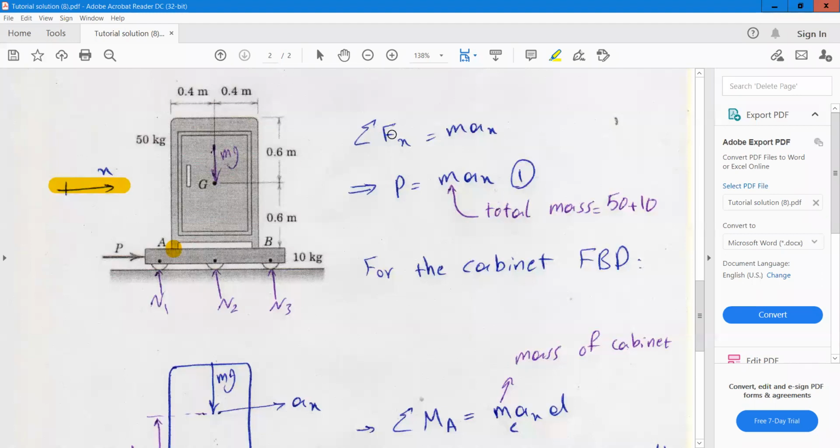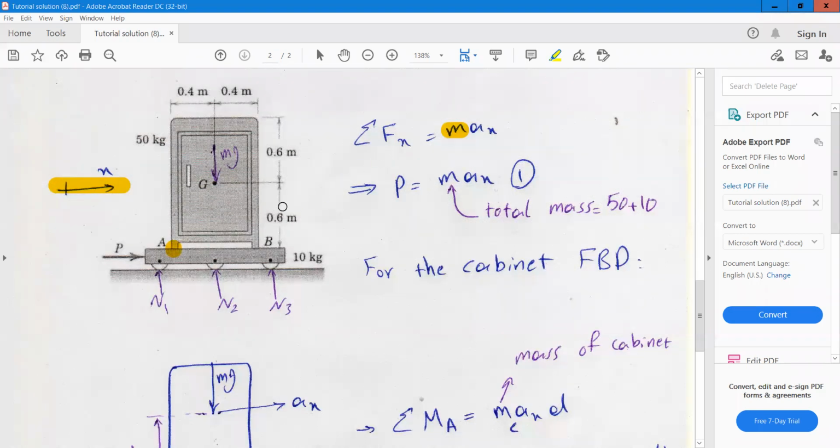So the summation of the force in X direction must be equal to the mass times the acceleration a_x. This mass is the total mass of the cabinet and this trailer. So we can obtain that P is equal to M times a_x. So the acceleration in X direction is equal to P divided by M. So this system will move with an acceleration of a_x, which is P divided by M.